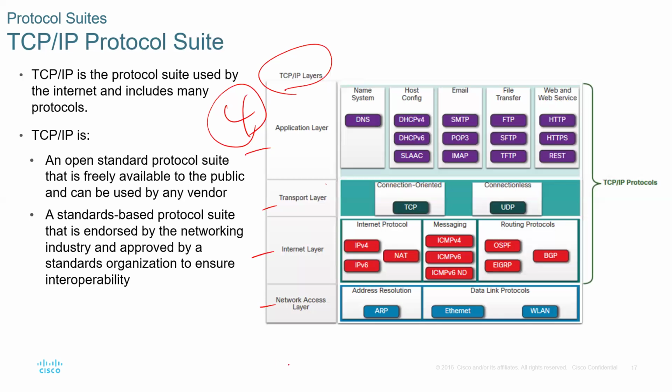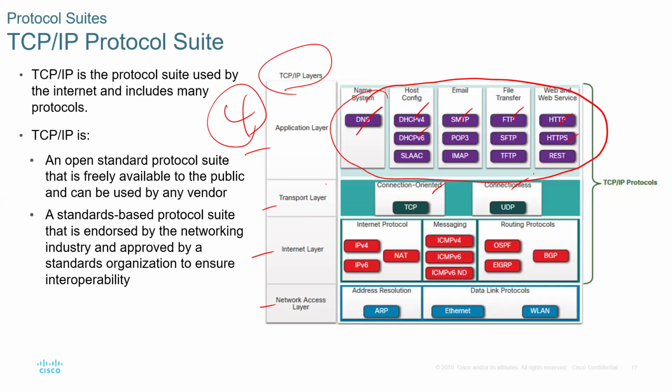Like I was saying before, these protocols are the most common ones. At least you need to know where they belong. DNS, you definitely need to know. DHCP, I might forgive you. SMTP, you need to know that one. FTP, you need to know that one. HTTP, even HTTPS, you need to know that one. The rest, we might forgive each other at this level.